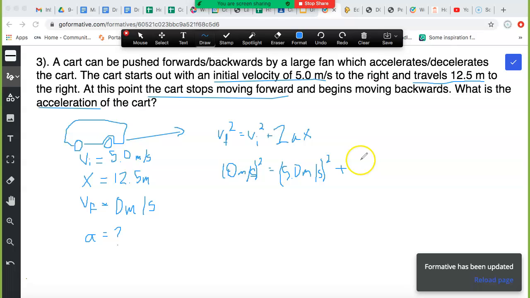And we've got our acceleration, which we don't really know, multiplied by 2, plus 2ax. We know that our distance is 12.5 meters.